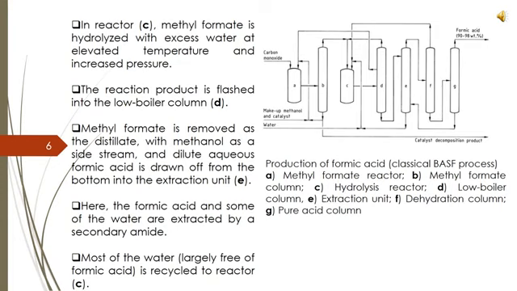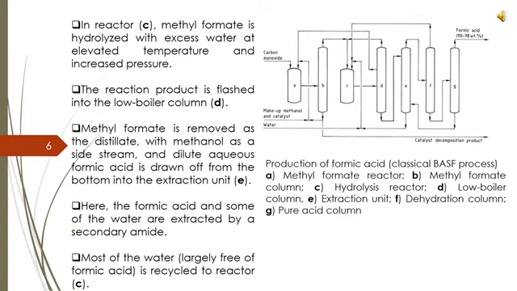So the water which is free from formic acid, since formic acid and a small amount of water have been extracted by the secondary amide, is recycled to reactor C, the hydrolysis reactor. So here we discussed what happens in the hydrolysis reactor: the conditions were elevated temperature and increased pressure. Then from the hydrolysis reactor, the reaction product was fed into the low boiler column.